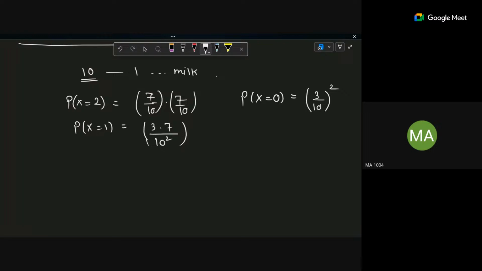But ma'am, the sum of the PMF is not coming to 1. Why is it so? Maybe we have to multiply by 2 in the x equal to 1 case. Because of this one.